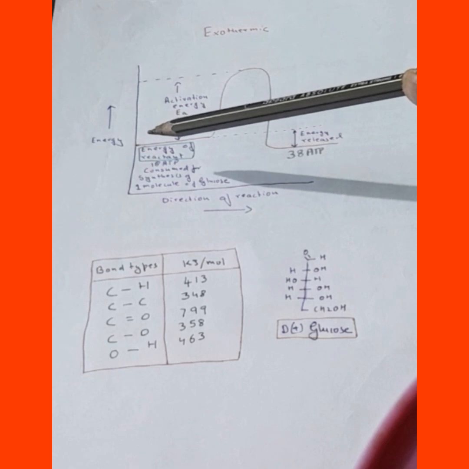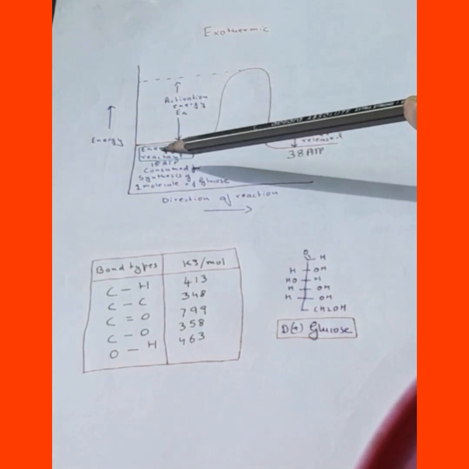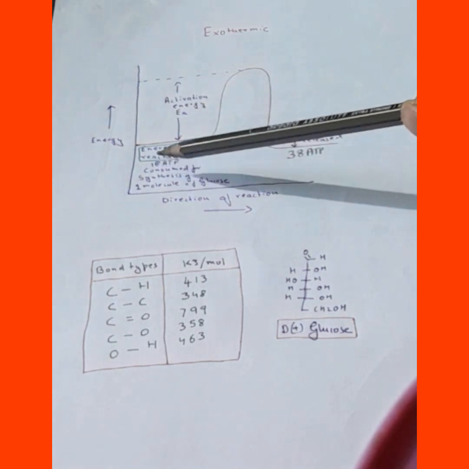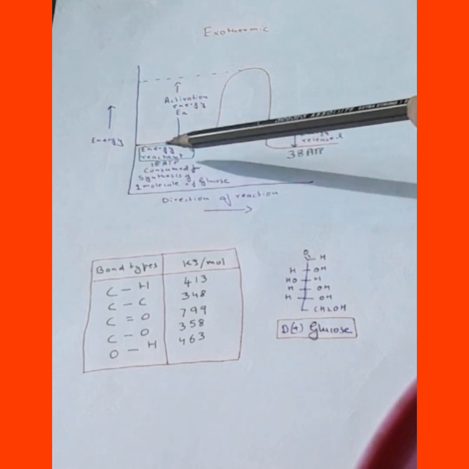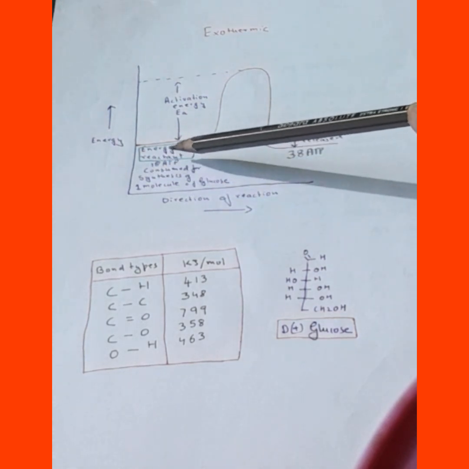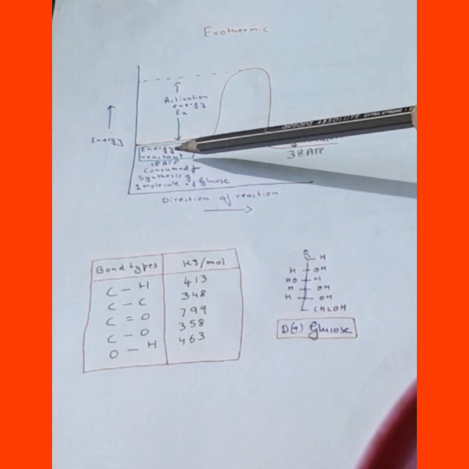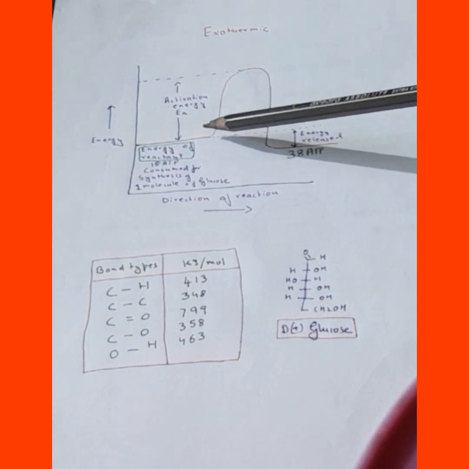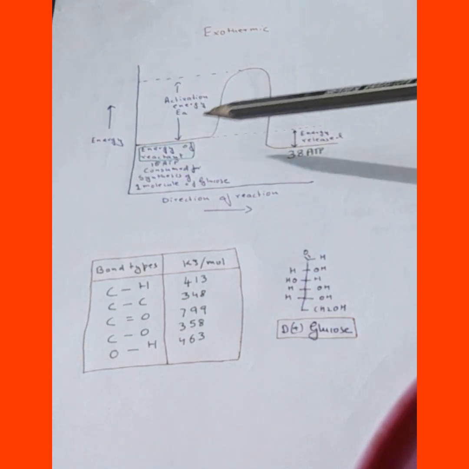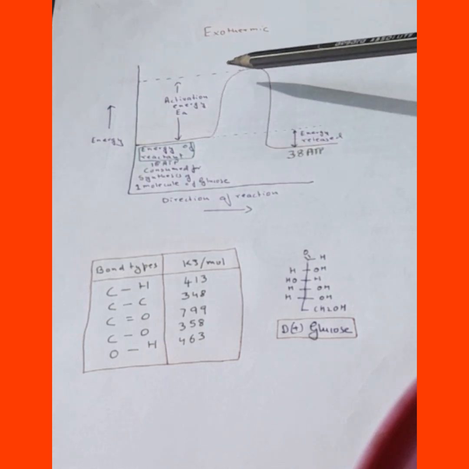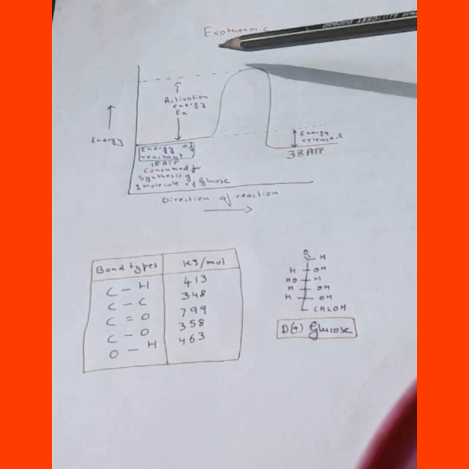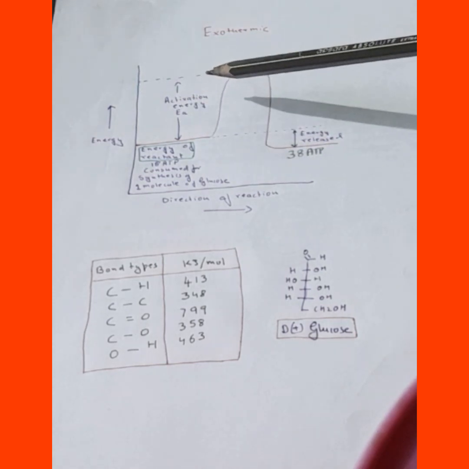Now glucose synthesis consumes 18 ATP per molecule. Alright, so that's the energy of reactant. Now once it is formed, it doesn't get metabolized by itself. It has to pass via an uphill. Now this uphill is known as activation energy.